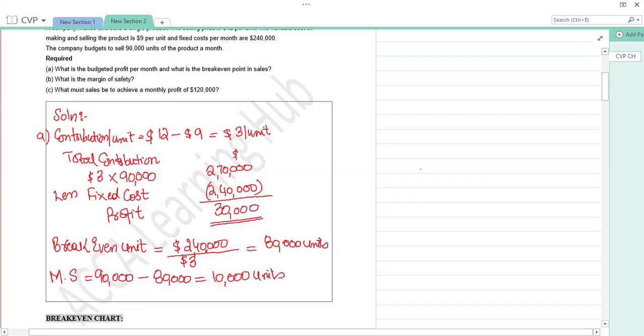Next requirement is to calculate the sales units required to get the profit of 1,20,000. I have to calculate target sales units. Target sales units is equal to fixed cost, that is 2,40,000, plus profit of 1,20,000, divided by contribution per unit, that is 3.